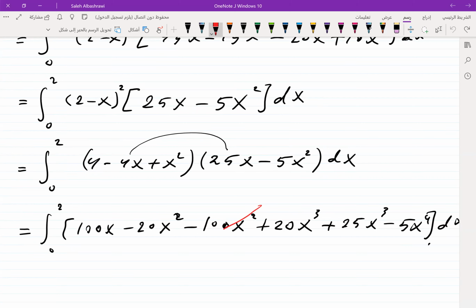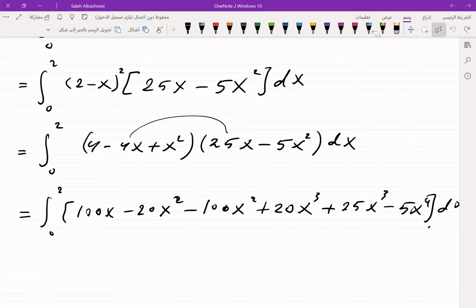There's no cancellation for this one. Now I can integrate. I can combine these two, which is 45x to the power 3. Now integrate all of these.